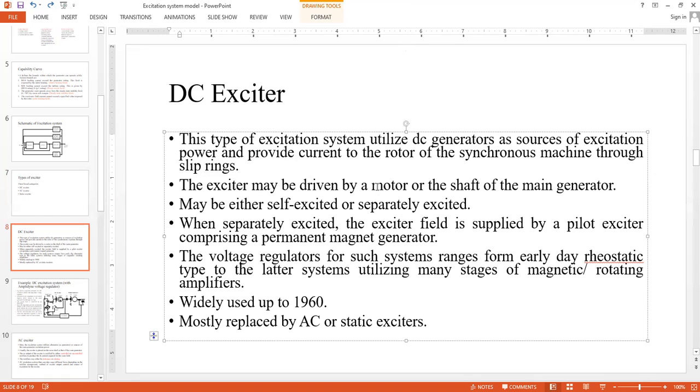The prime mover could be a separate motor, external to the setup, or it could also be the shaft of the main generator itself. That means the exciter could be situated on the same shaft of the main generator, or the AC or synchronous generator itself.